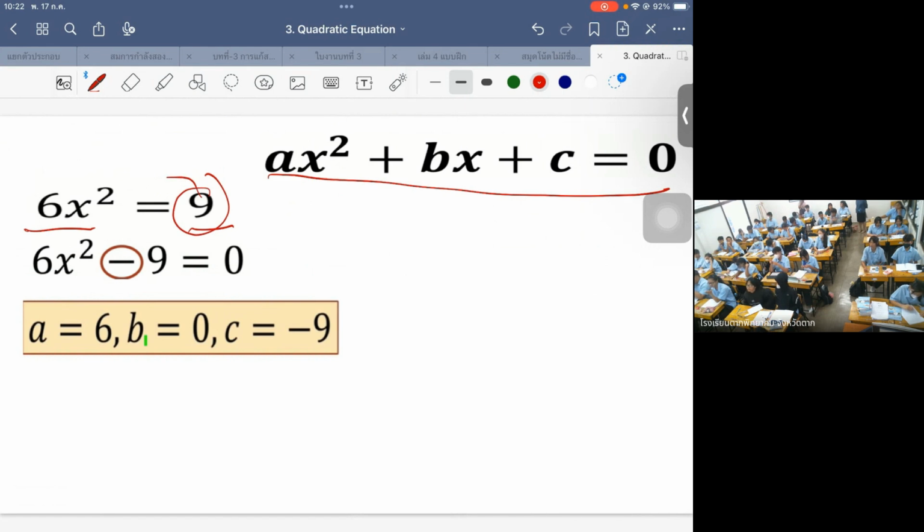So the equation is 6x squared minus 9 is equal to 0. So this is an example of a quadratic equation again. So we will get the values. The quadratic term is 6. The linear term is 0 and the constant is equal to negative 9. Alright?